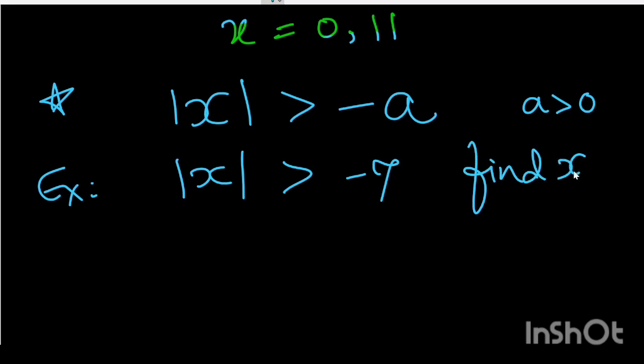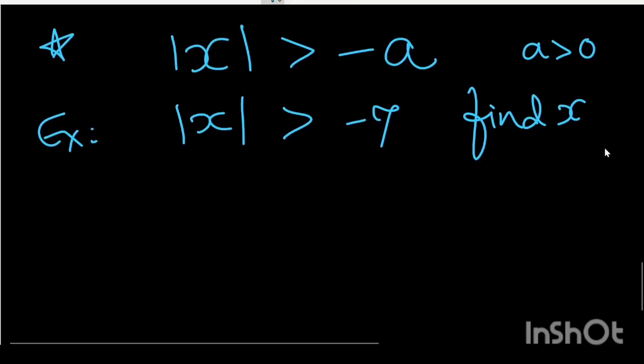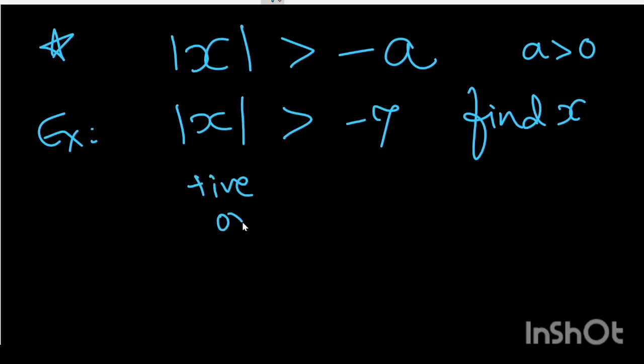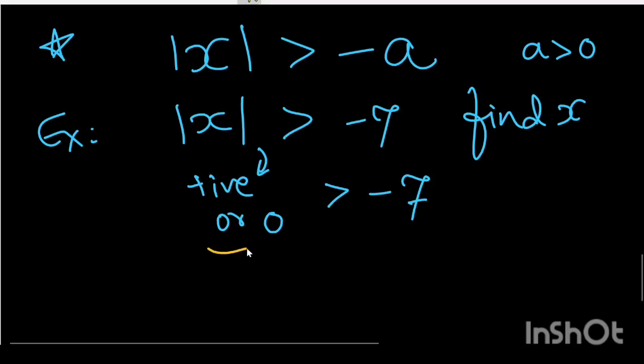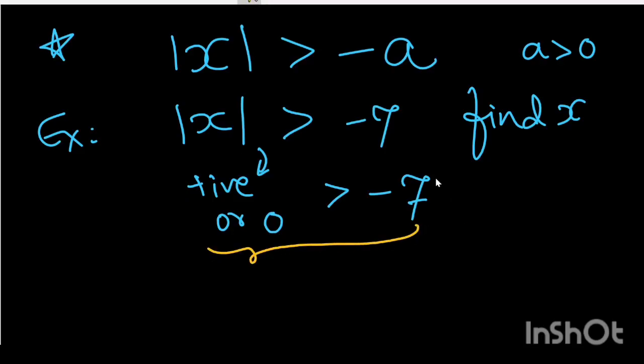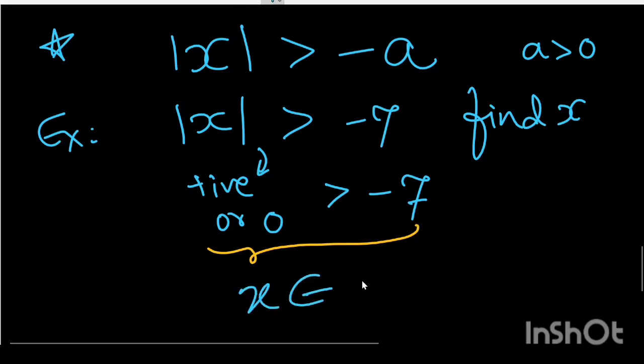These kinds of inequalities. Now we know that mod of x is a positive quantity, or at the most it can be 0. So it will always be greater than minus 7, because minus 7 is a negative number. So this whole thing, positive or 0, is greater than minus 7, holds for all x. So we can say that x belongs to R.